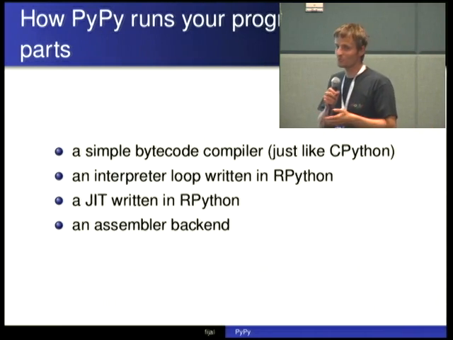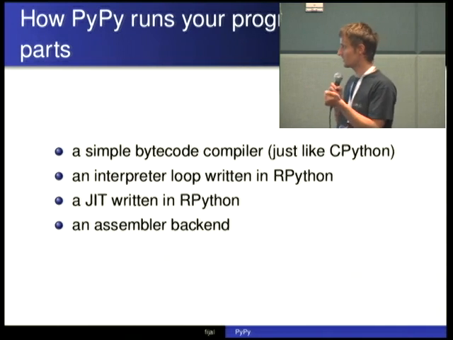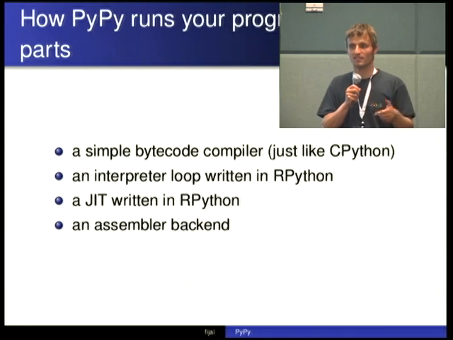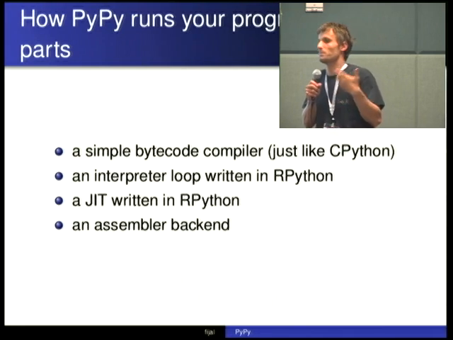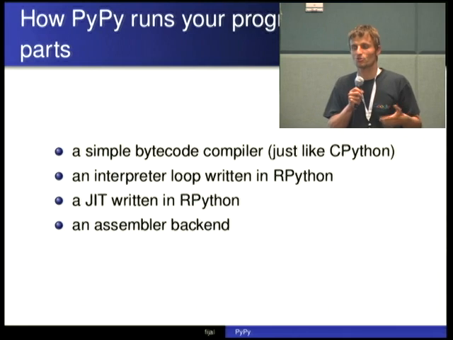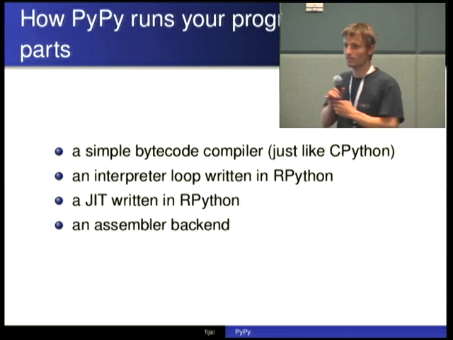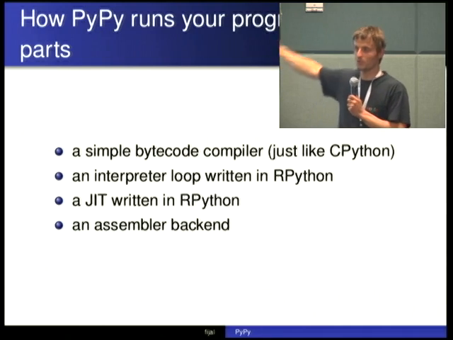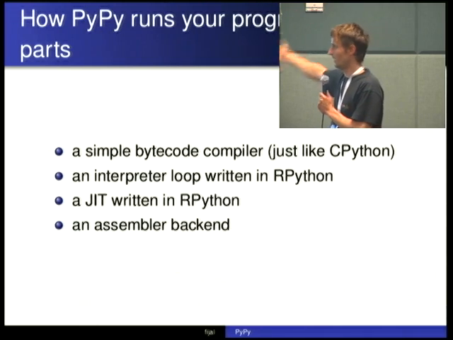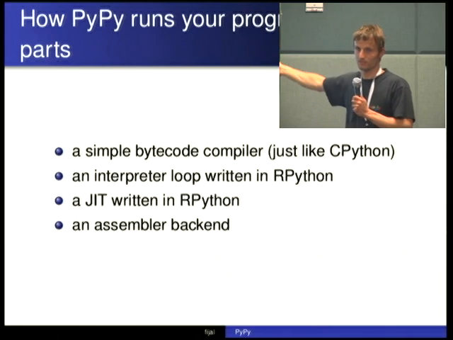So we also wrote a JIT in RPython, and the important part is that the JIT is not really a program. It's a transformation. We take our interpreter and we transform it to create a JIT for a Python interpreter.